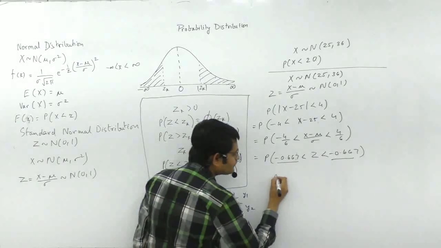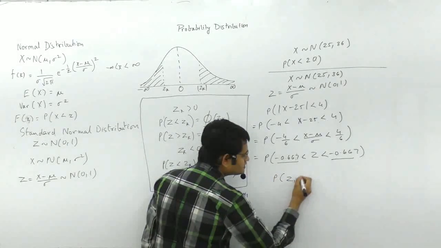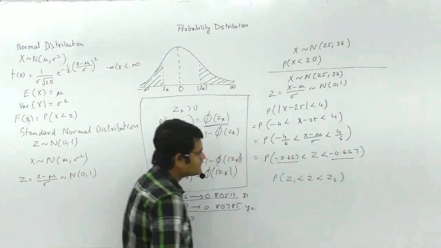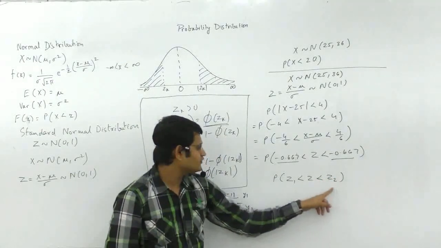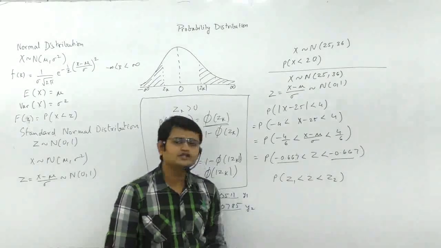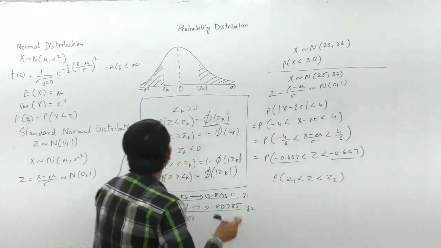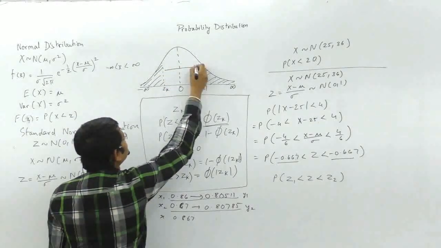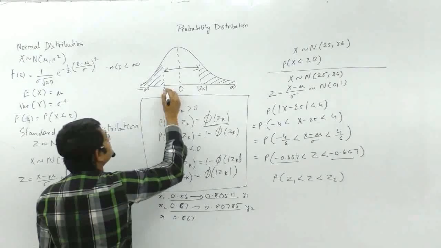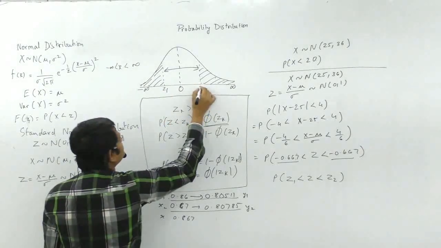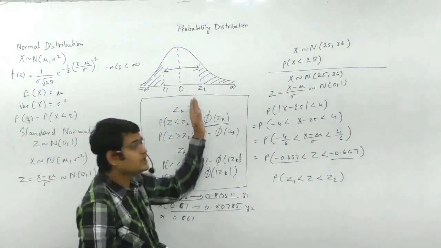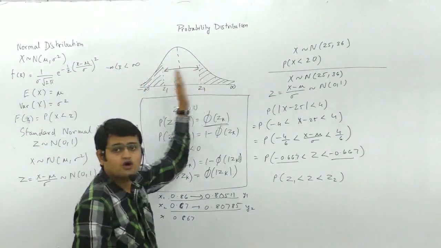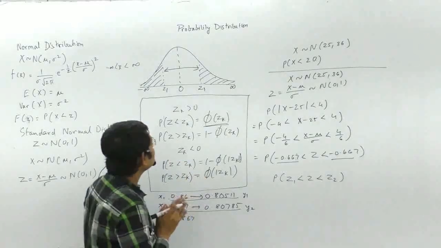Now let's assume we need to find probability z1 less than z less than z2. We have two different values and we need to find the probability between them. If I take this graph, let's assume this is z1 and this is z2. z1 and z2 can be on one side of the 0 or on either side of the 0, it does not matter.